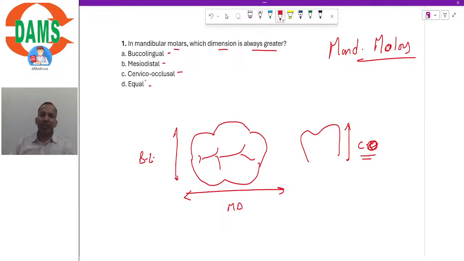Now obviously all the dimensions cannot be equal, right? So the mesiodistal dimension is somewhere around 11 millimeters and the buccolingual dimension is somewhere around 10 millimeters.